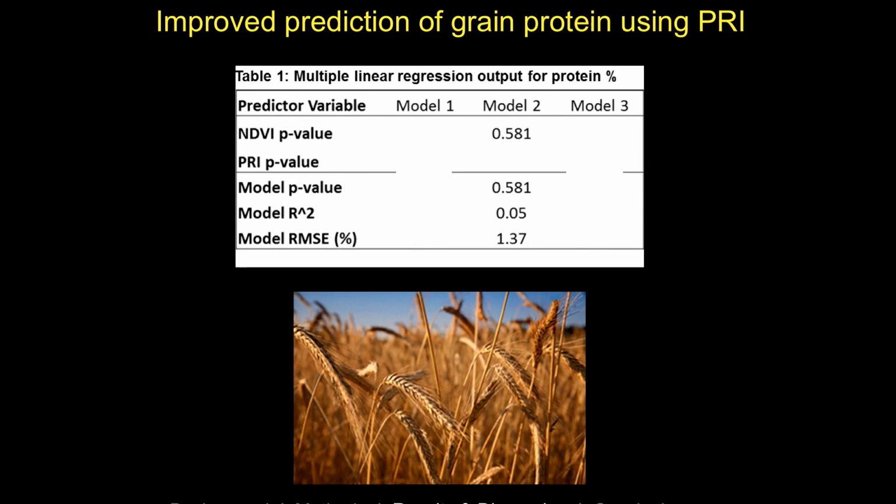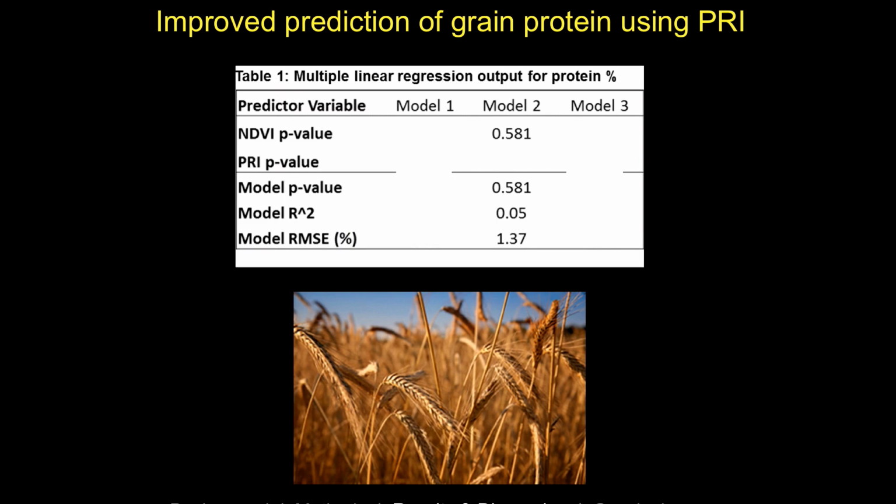If we do a little multiple linear regression here, and we start with a simple linear regression trying to predict protein using just NDVI, we see a low model R squared here at 0.05 and a relatively high RMSE.